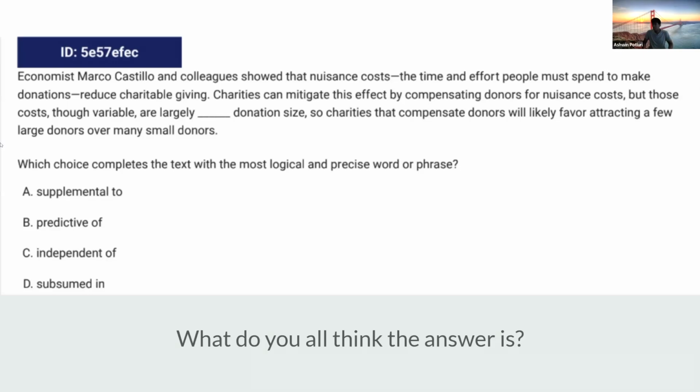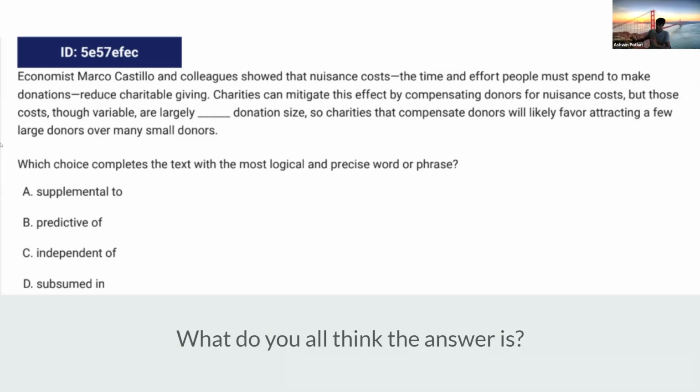So even if they donate millions of dollars, or they donate $10, the nuisance costs are independent of it. And if we track back a bit, we see "though variable." So they're trying to prove a point that they're different. Even though the costs are variable, they're independent of donation size. They're not a part of it, like subsumed in, or predicted by it, like predictive of.